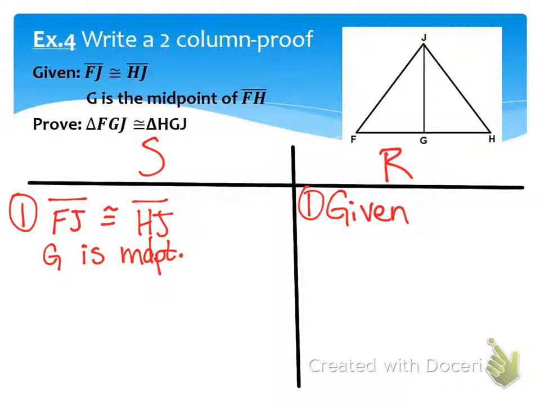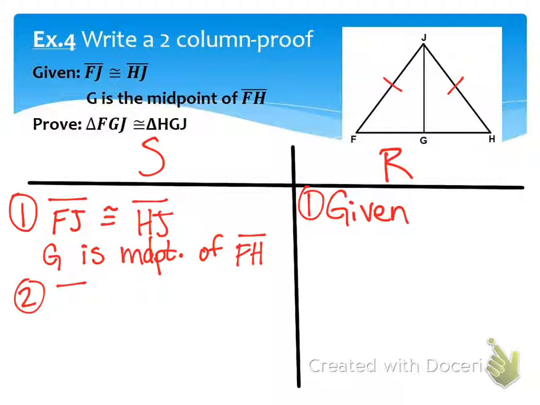Now, let's deal with that first given statement. FJ is congruent to HJ. That's pretty easy. I can just mark it in my diagram. Next, I'm told that G is the midpoint of, should have finished that off, of FH. What does that mean to me? Majay? That it's right in the middle of it, so FG and GH are the same.